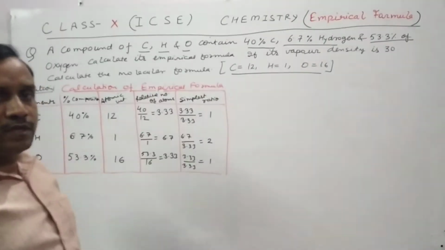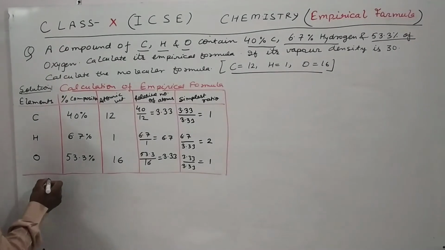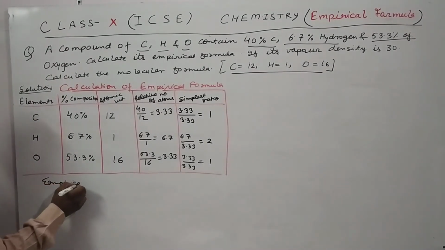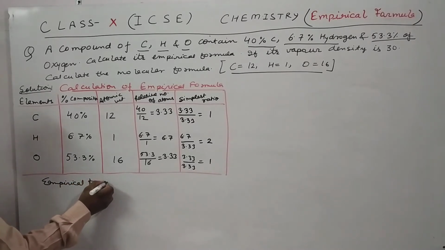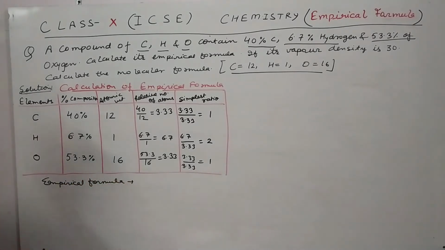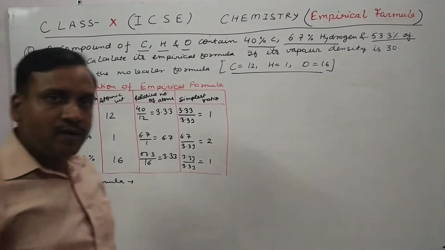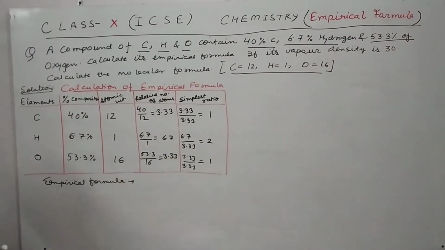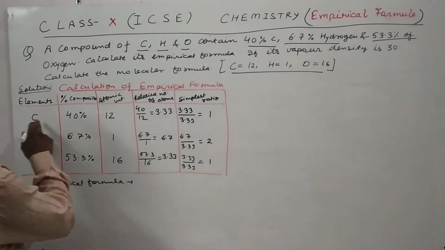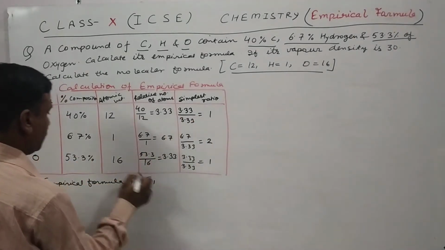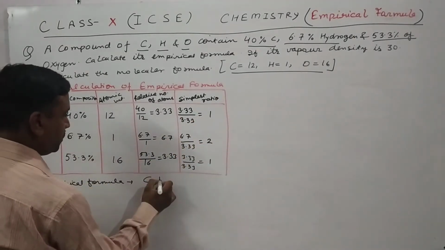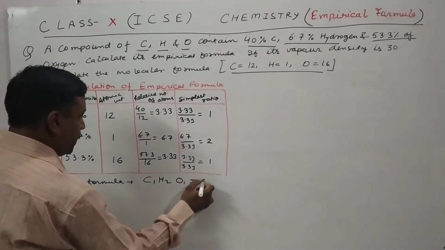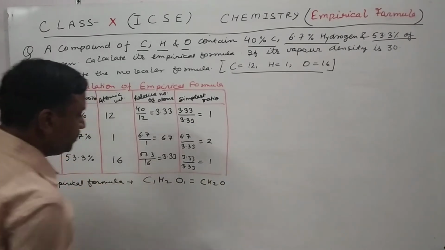Now here is the simplest ratio. Then what is the empirical formula? It is known the empirical formula is the formula representing the simplest whole number ratio of the atoms of the elements. Here carbon is 1, H is 2, H2, and O is 1. The empirical formula is CH2O.